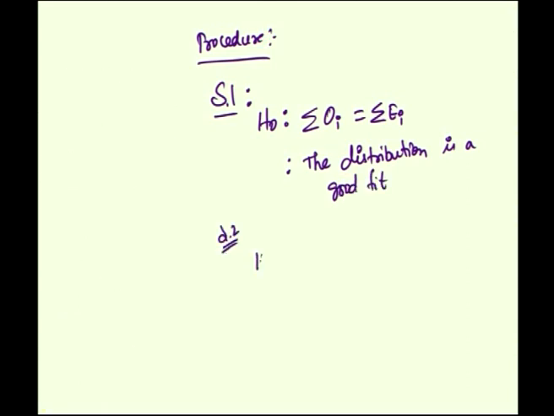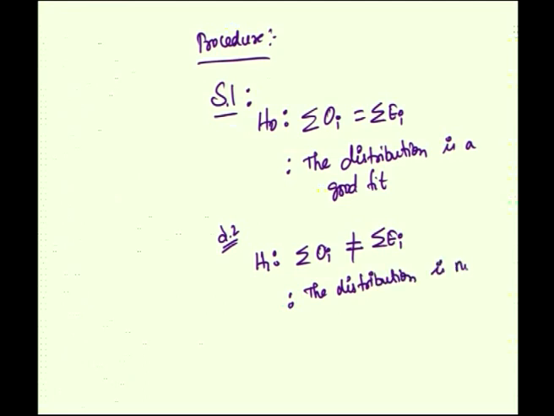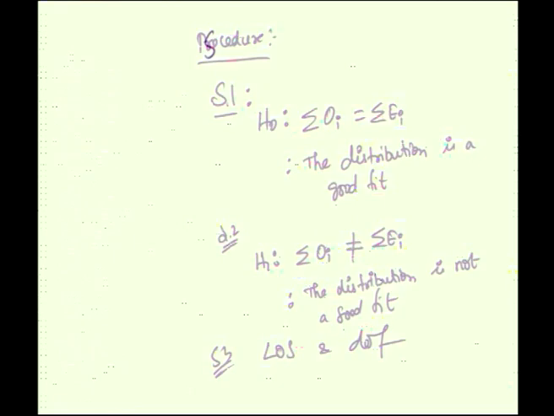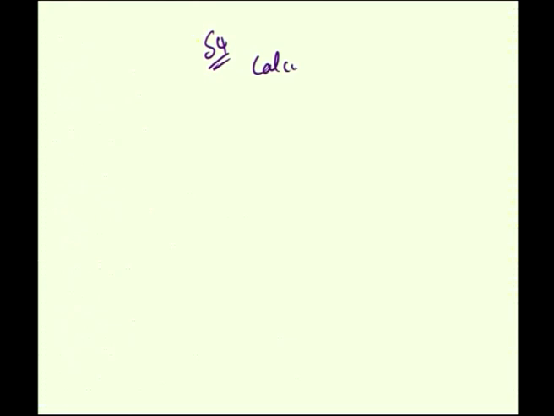Whereas in step 2 we set up H1 as summation OI is not equal to summation EI, where we say that the distribution is not a good fit. And step 3 is the usual level of significance and degrees of freedom part, and step 4 is the calculation of first EI, because the frequencies given in the question will be called as observed frequencies.